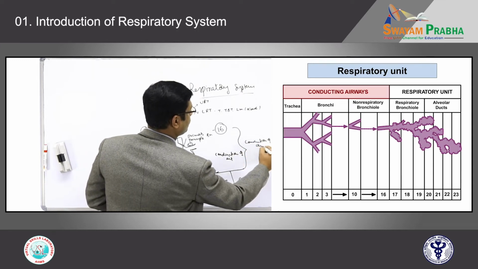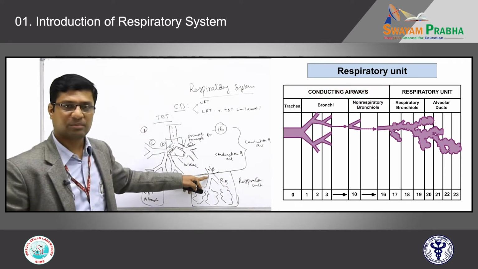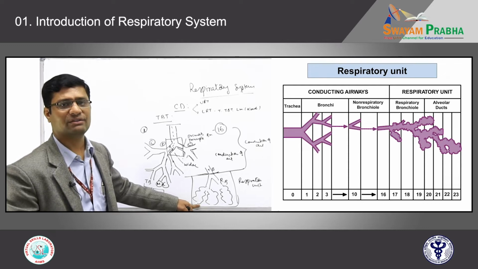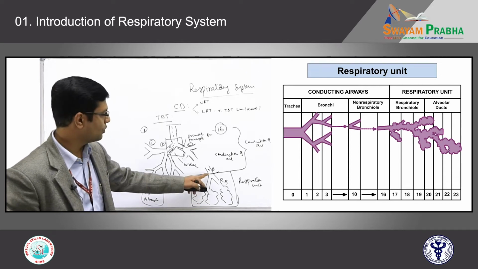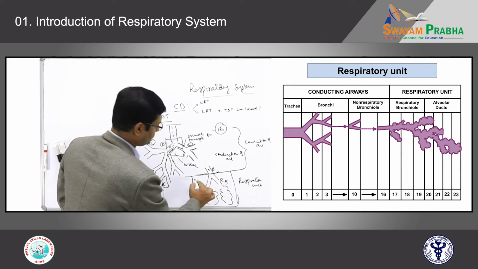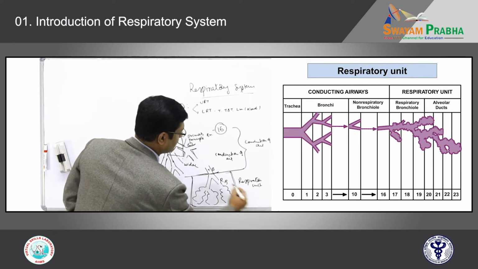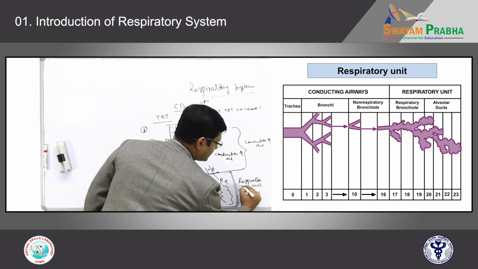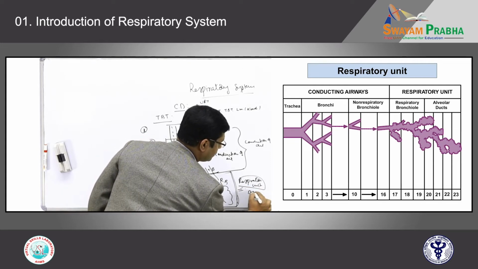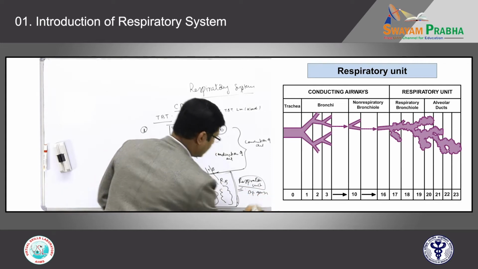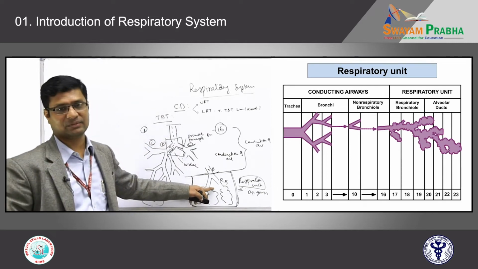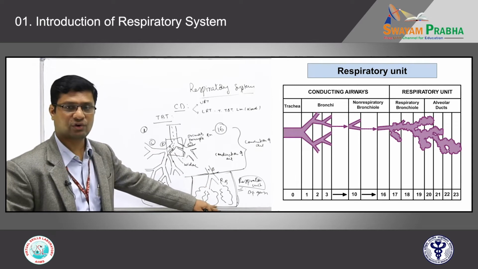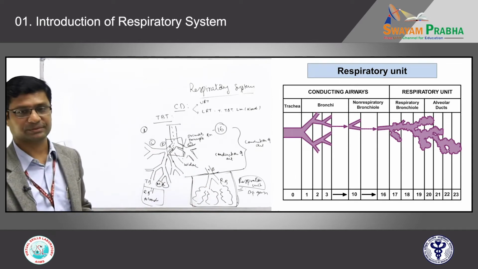From the terminal bronchiole till the alveoli, you have 4, 5, 6 branches. All these branches are helpful for diffusion of gases. This is called the respiratory unit, and diffusion of gases takes place at this level, right. Above is only for conduction, and the respiratory unit is for diffusion of gases.